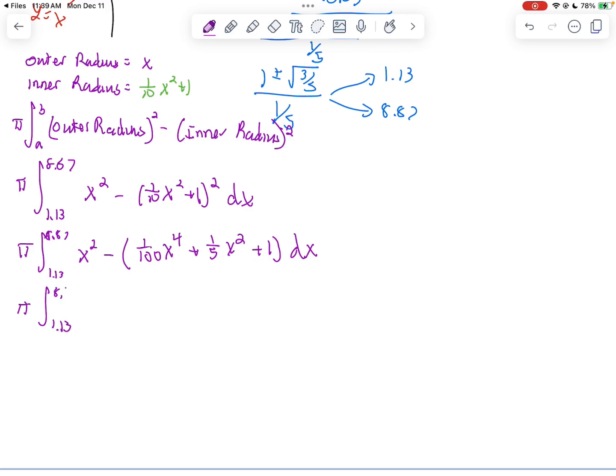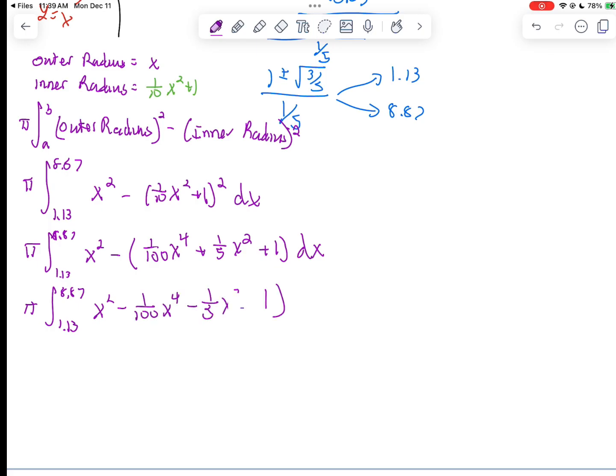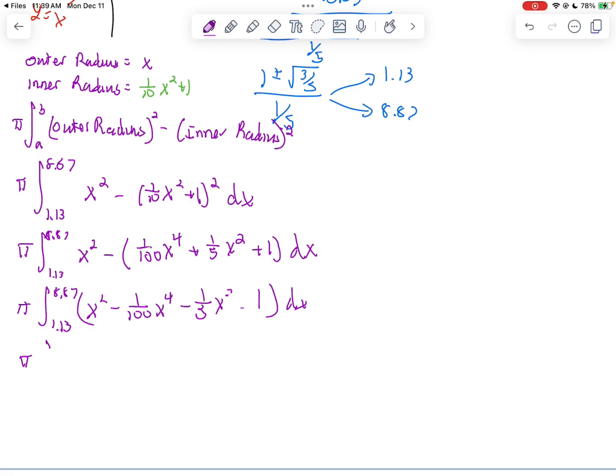First, let's distribute the negative, because a lot of people will forget to distribute the negative sign. And then we'll put like terms together, so I'll rewrite this as negative 1 over 100 x to the 4th, then x squared minus 1/5 x squared, I get 4/5 x squared, minus 1.